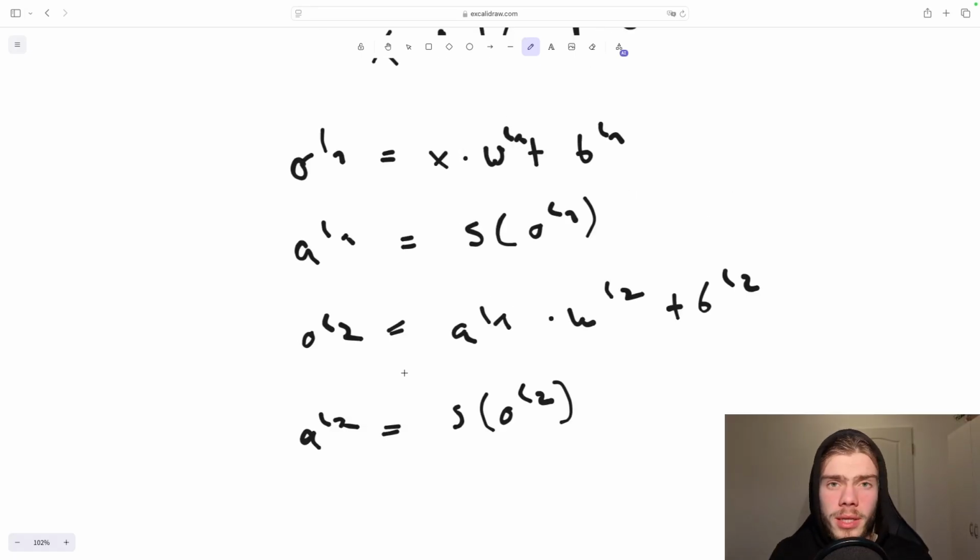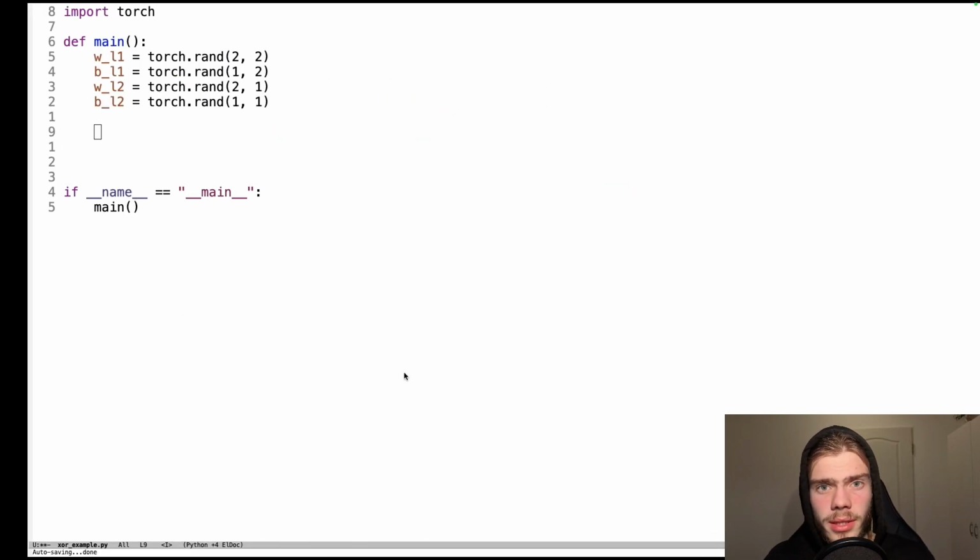So the forward pass is the first thing we have to define inside our training loop. If you recall, our training loop consists of a forward pass, calculating the loss, calculating all of the partial derivatives with respect to all of the network's parameters, and finally updating the network's parameters. So let's start with the forward pass.